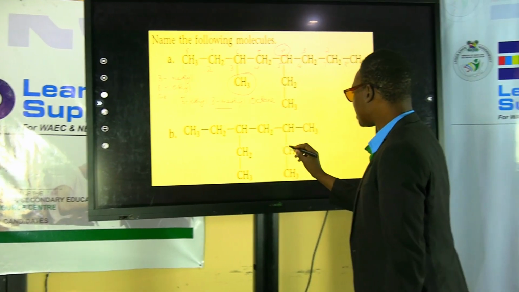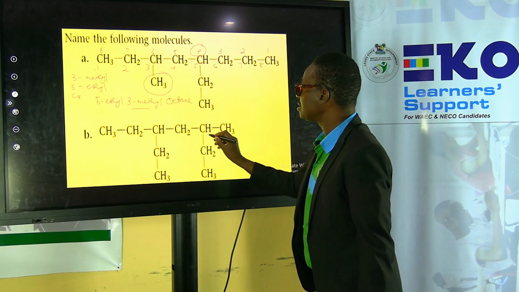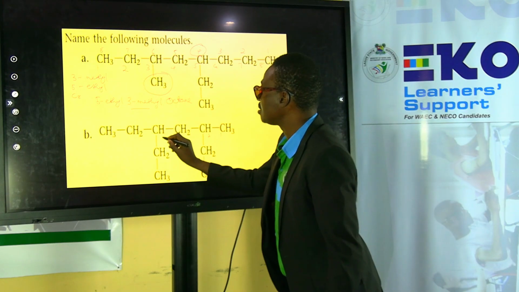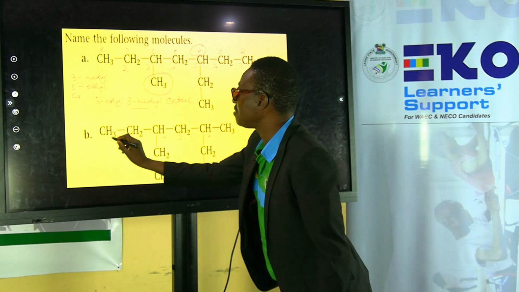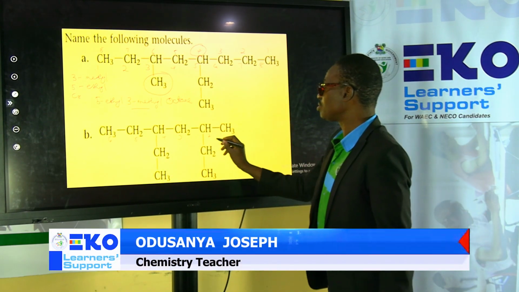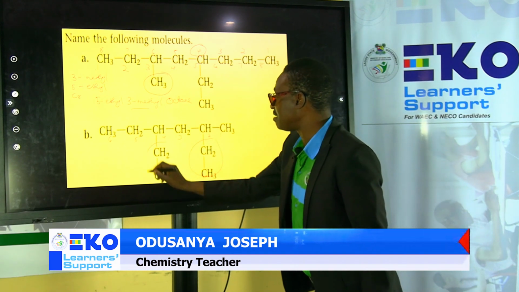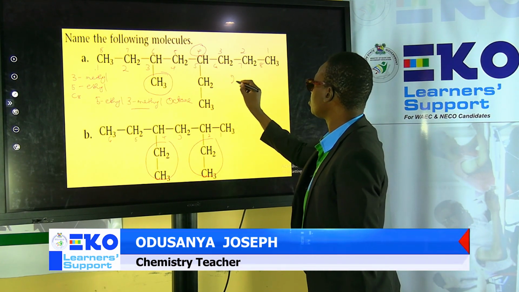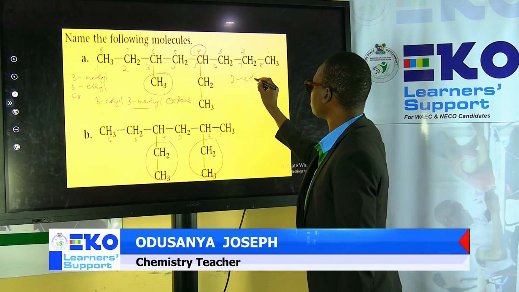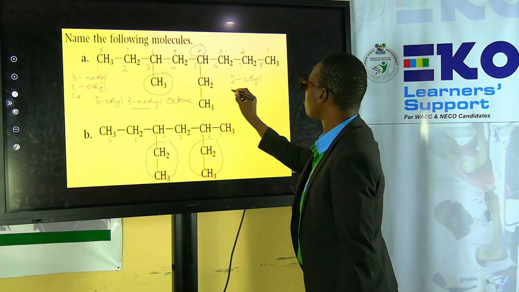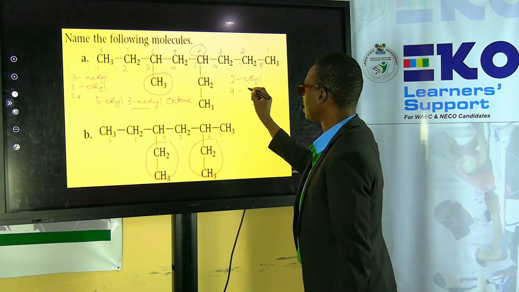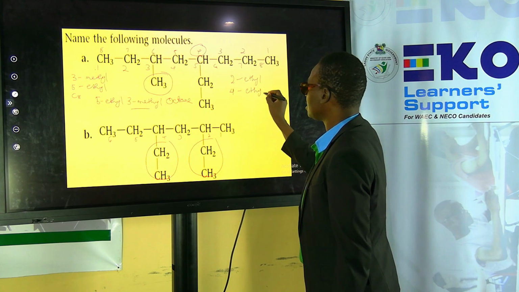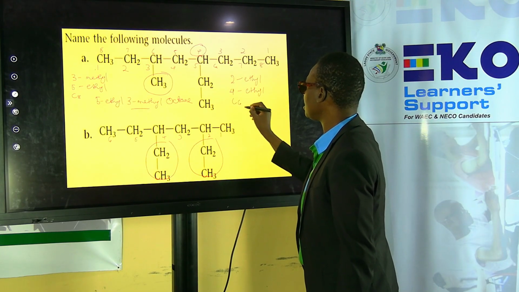Then on this, you can do this as well. So if I'm to start, I start from here. So I have 1, 2, 3, 4, 5, and 6. So at carbon 2, I have this, and I have this at carbon 4. So at carbon 2, I have what we call ethyl. Then at carbon 4, I have what we call ethyl again. Then the carbon atom is 6.